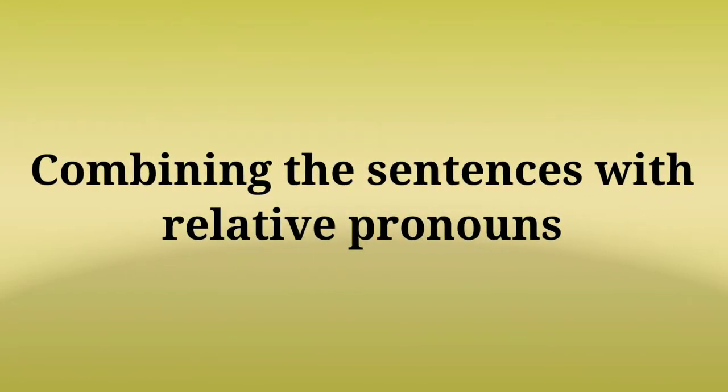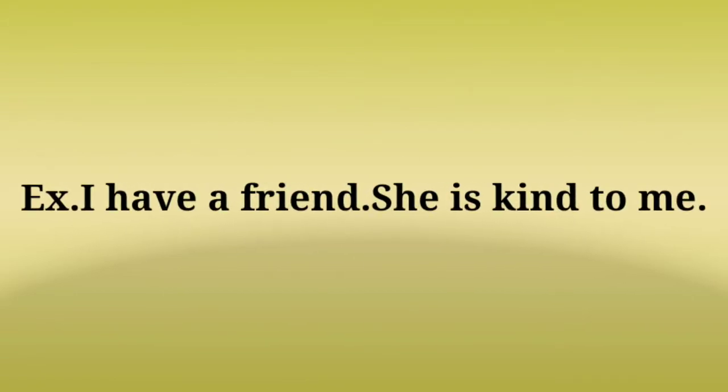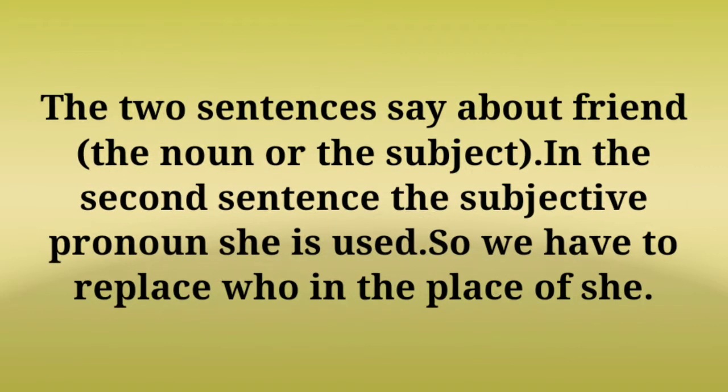Now, combining these sentences with the relative pronouns. Let us take an example. I have a friend. She is kind to me. Here, the two sentences say about the friend, I mean the noun or the subject.